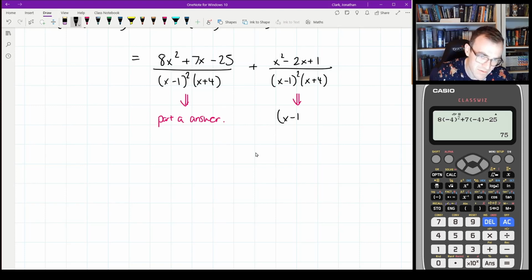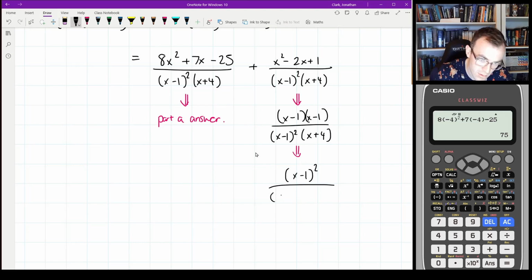I believe it factorizes to (x minus 1) squared. So if I tidy this up a little bit, they're going to cancel, and it's going to work out as 1 over x plus 4.